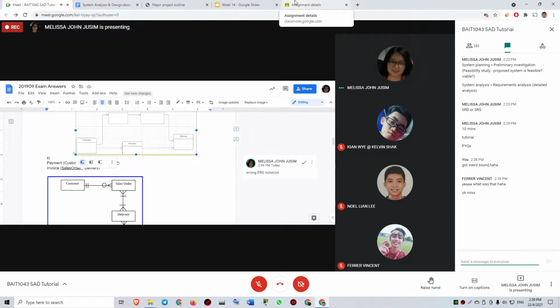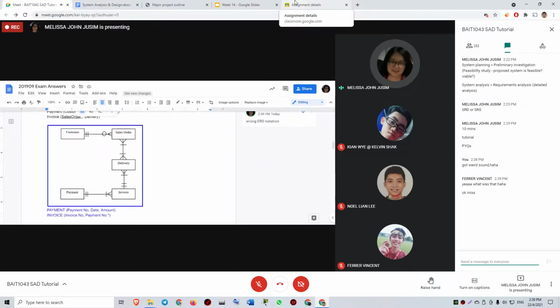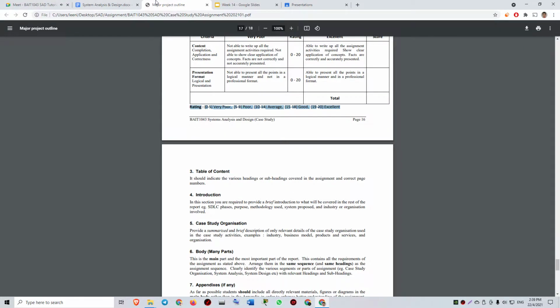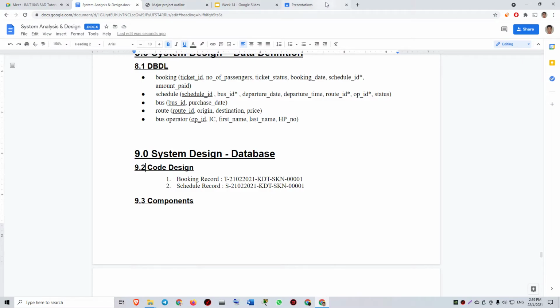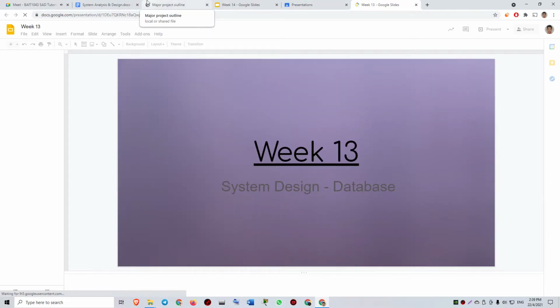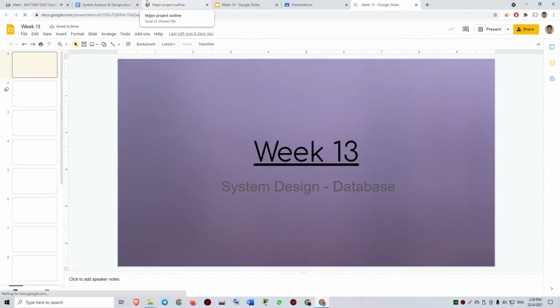So you need to show the cardinality. Here the customer can place the sales order. It can be 0 sales orders or many, and then the sales order is placed by exactly one customer.